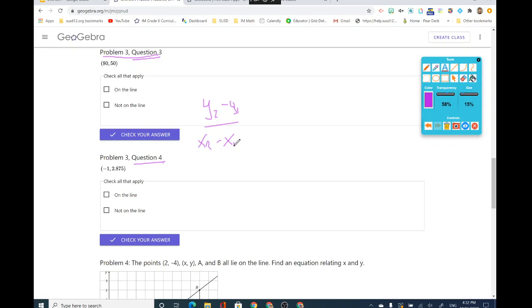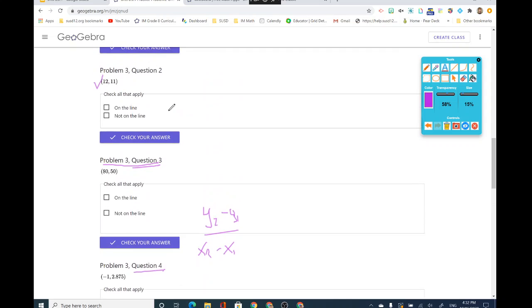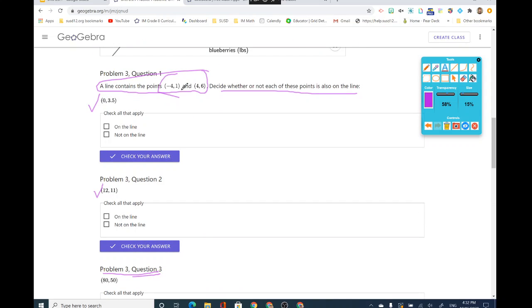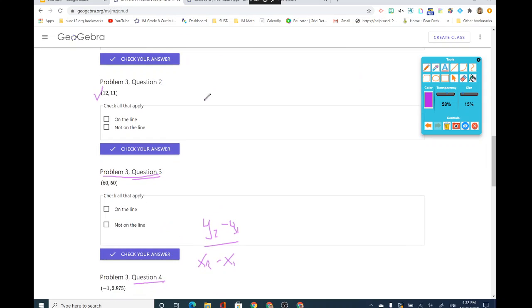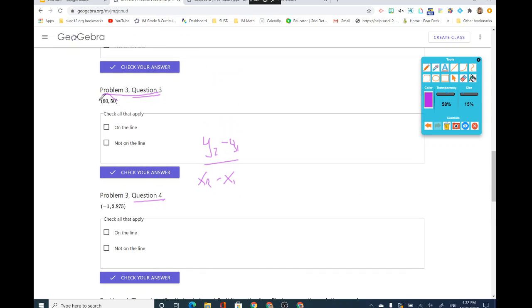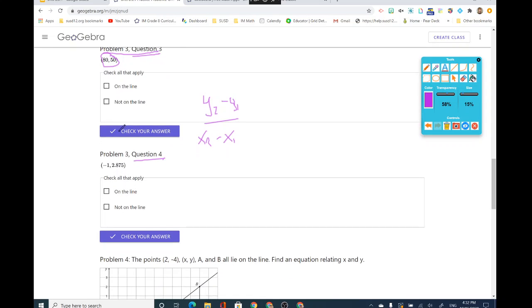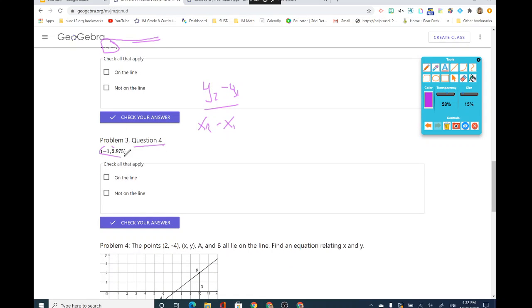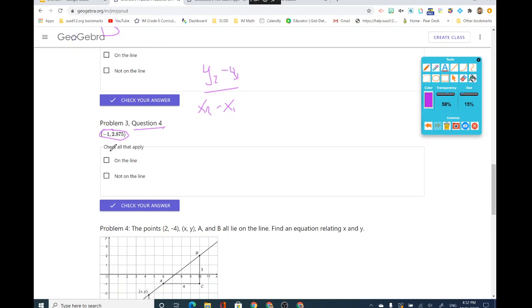This gives you the slope of your line. You need to use one of these points, either one of them, and use the point it tells you in the problem. Find out if you get the same slope as that original line. If you do, then you are a point on the line. Okay, good job.